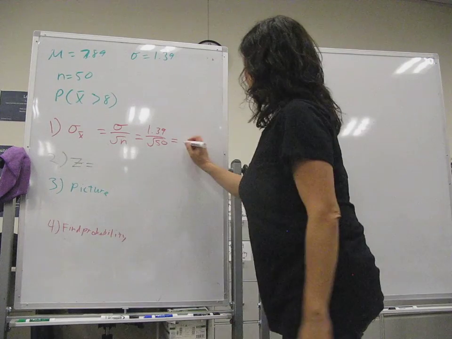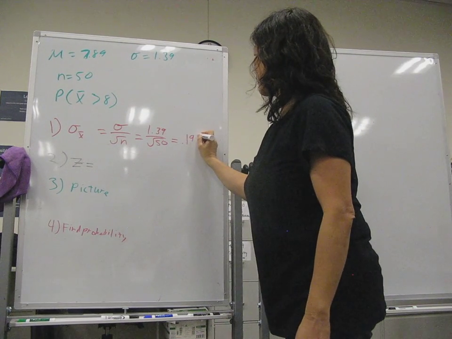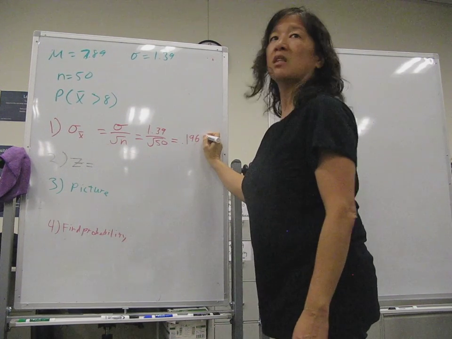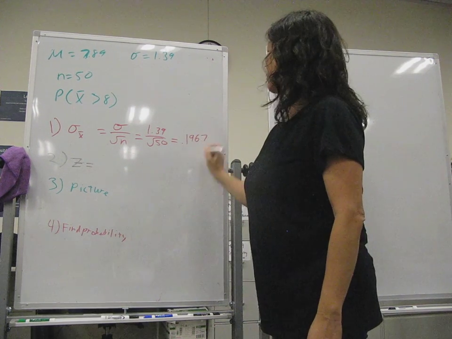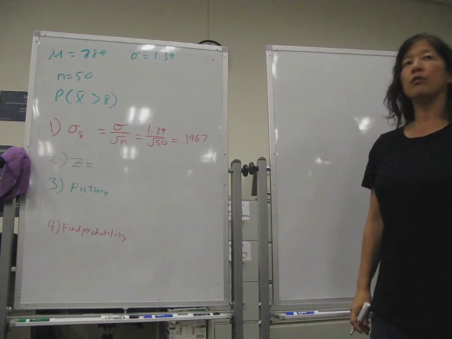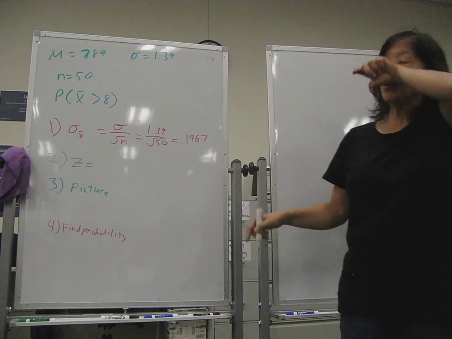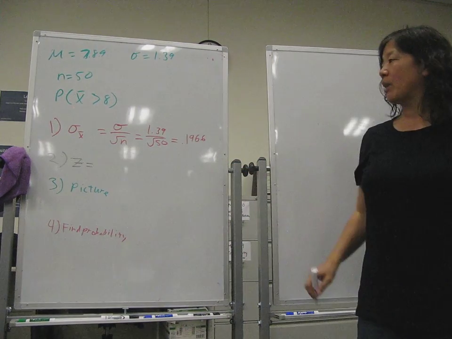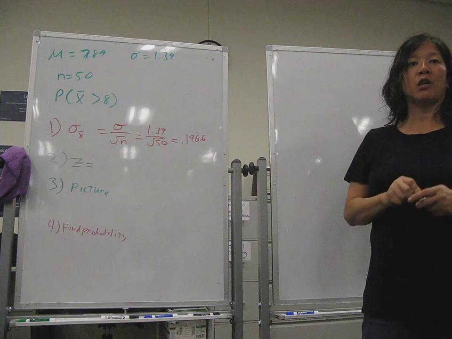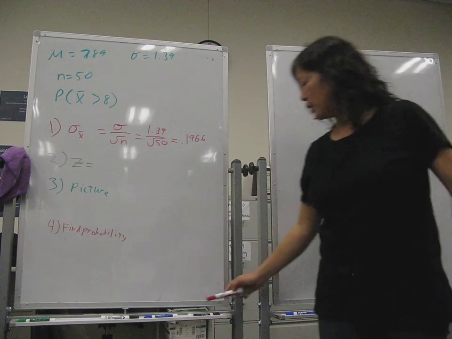So that's like 0.19 something? 0.1966, rounded. And then my z-score, right? Did you guys find the z-score yet? Find the z-score, draw a picture, find the probability.